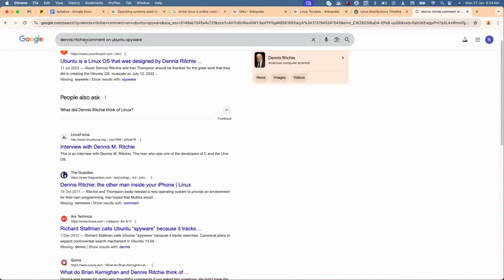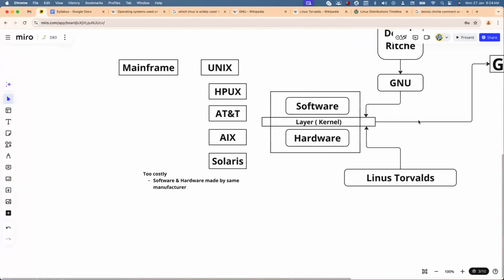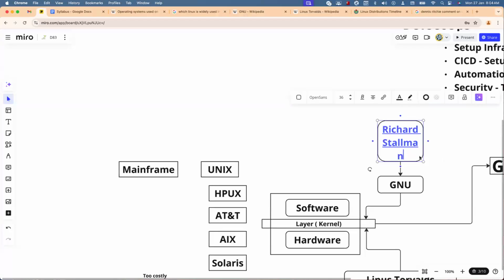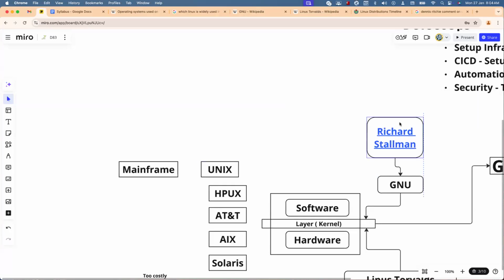Why did I go with Dennis Ritchie? It's Richard Stallman. Did I slip and write something wrong here? My bad, sorry, really sorry. Richard Stallman.